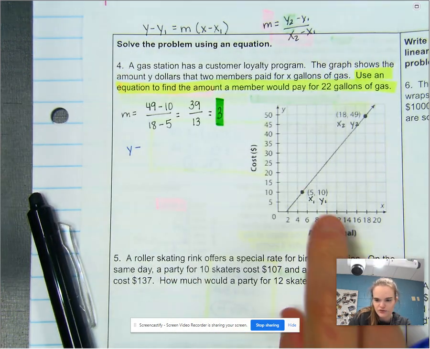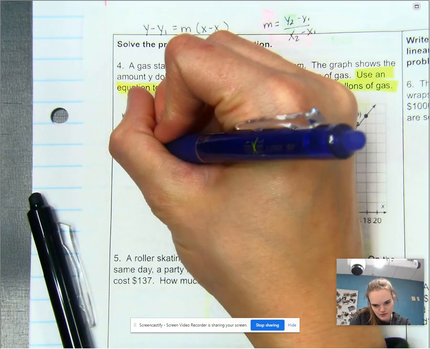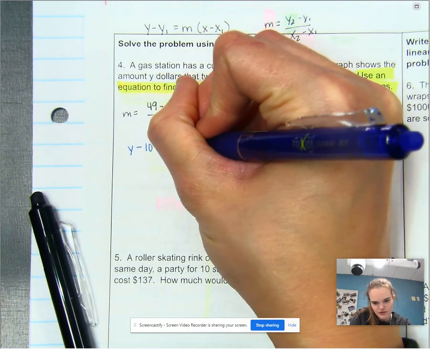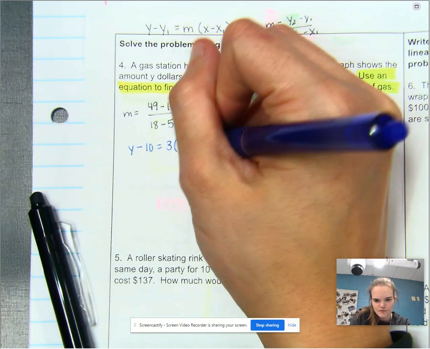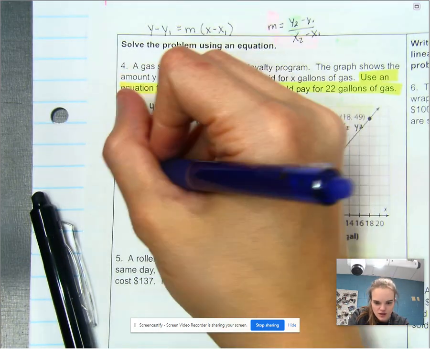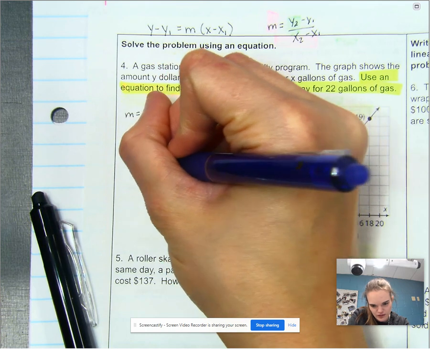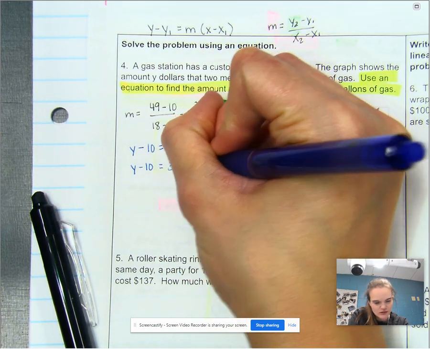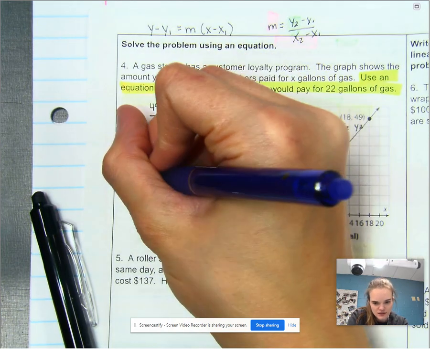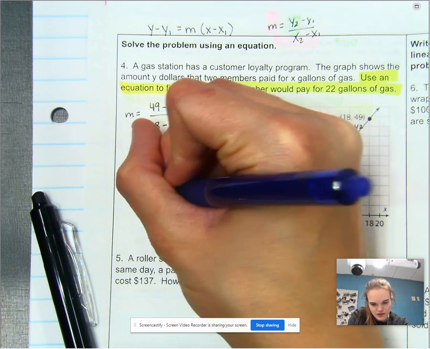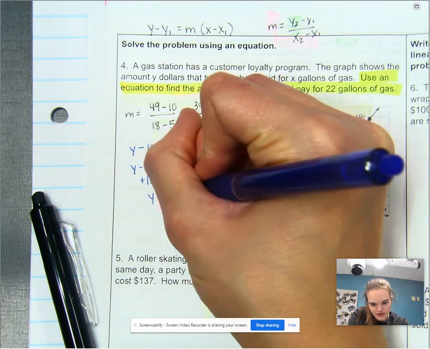y minus 10 equals m, which is 3, times x minus 5. We are simplifying, so distribute. y minus 10 equals 3x minus 15, then add 10. y equals 3x minus 5.